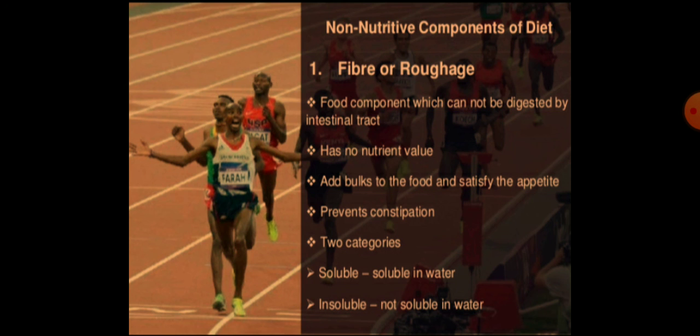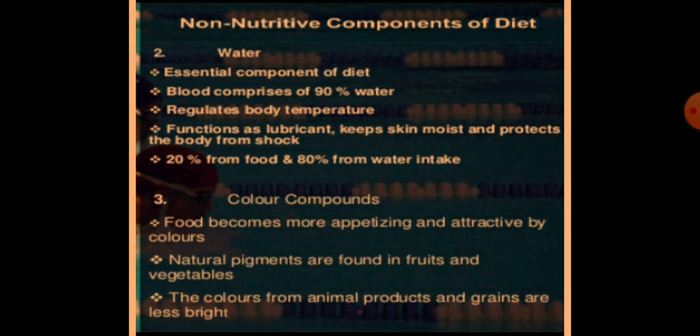Color compounds. Food becomes more appetizing and attractive by colors. Natural pigments are found in the fruits and vegetables. The colors in animal products and grains are less bright because of the color compounds.